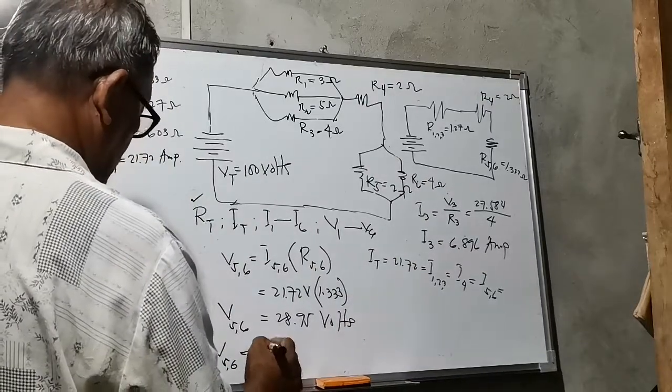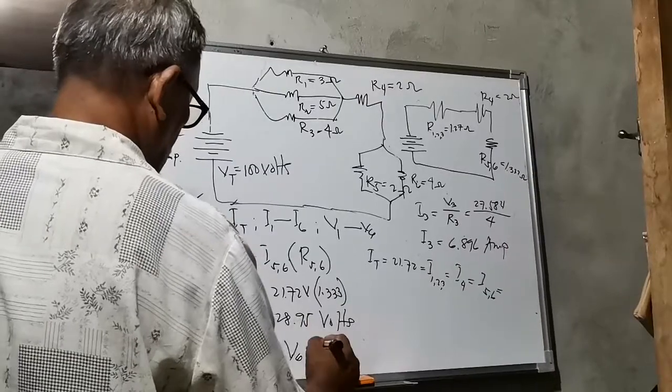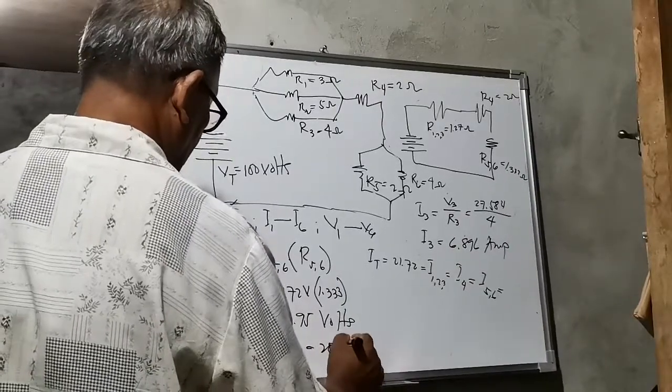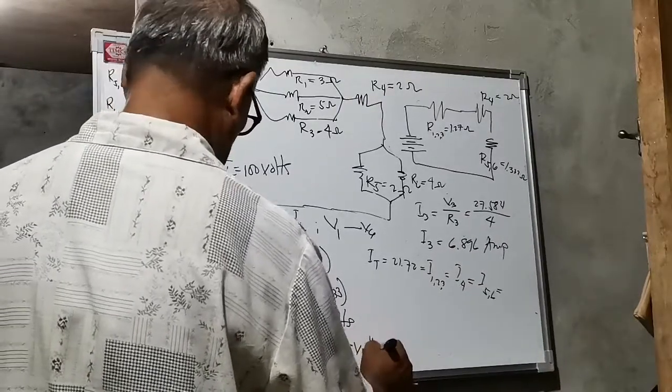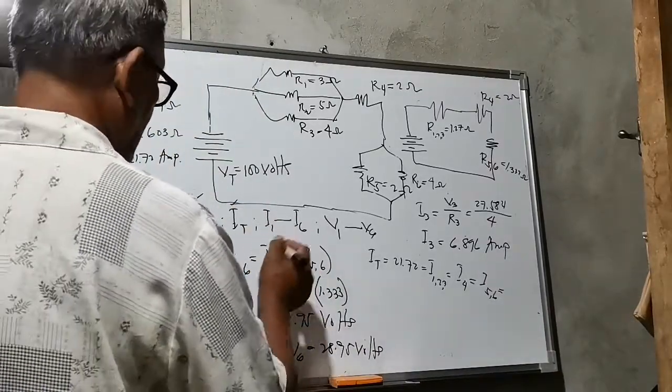Therefore, V5 and 6 is equal to V5 is equal to V6, which is 28.95 volts.